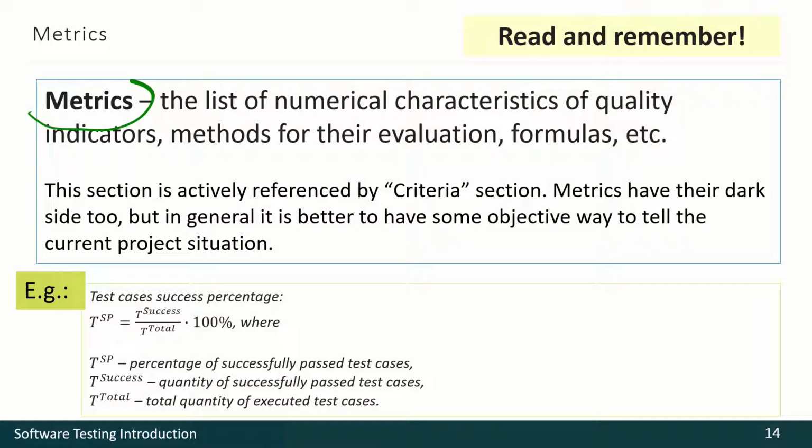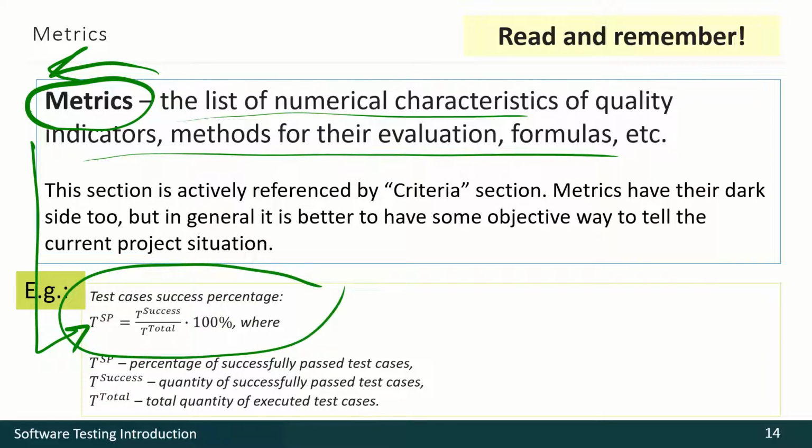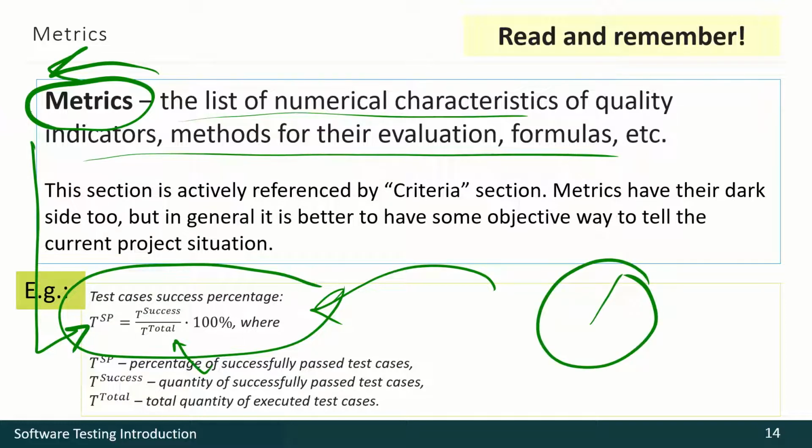A couple of minutes ago we talked about criteria, and those criteria should usually be based on formulas. So metrics are good helpers for the criteria, because when we have numbers, when we have exact rules of calculating those numbers, and when we may use a computer to calculate those numbers for us, it is extremely useful to see some metrics that show us what the situation is.